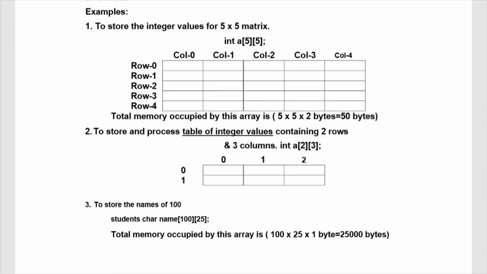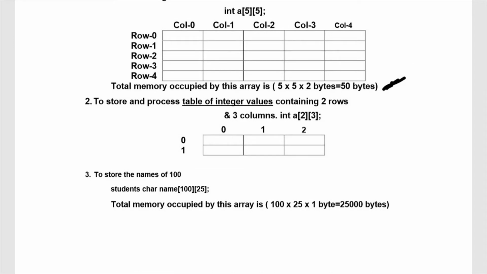So total occupancy of this array, how do we calculate how many bytes of memory is needed? It is nothing but row into column into 2 bytes. As we are storing integer type, each int takes 2 bytes. So therefore it is totally 50 bytes that are needed to store 5 into 5 array elements.